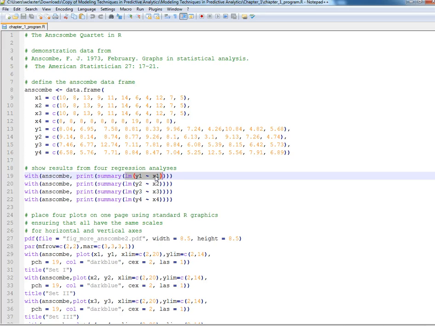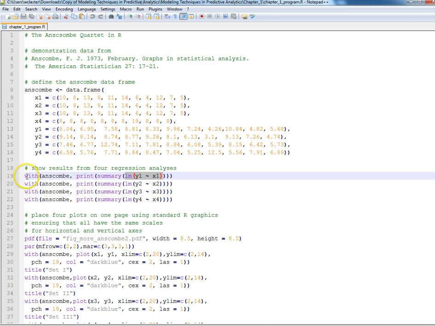So we talked about that in our last class: regression. And this is the way that R does regression. It's making a linear model, looking at the relationship between y1 and x1. So that's just the inside.